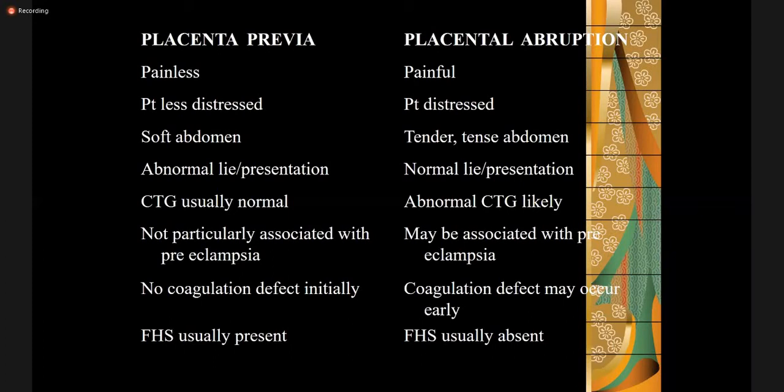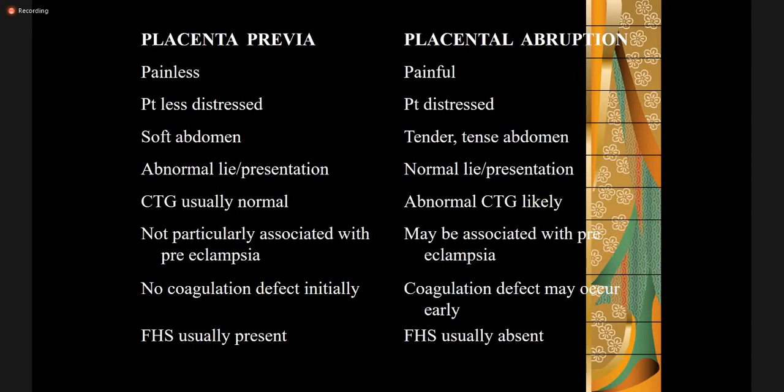She will say, I was having pain and then I started noticing some bleeding. The patient in placenta previa may be less distressed and the abdomen will be soft. In abruption, the patient will be distressed because she is having pain and contractions. She will not even allow you to touch her abdomen, and when you touch her, you will find a distended, tender abdomen.